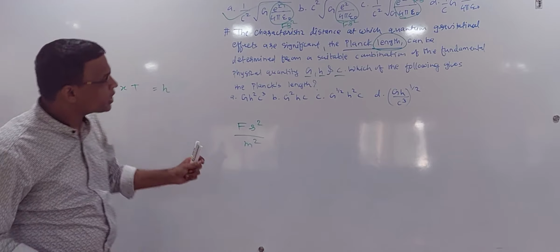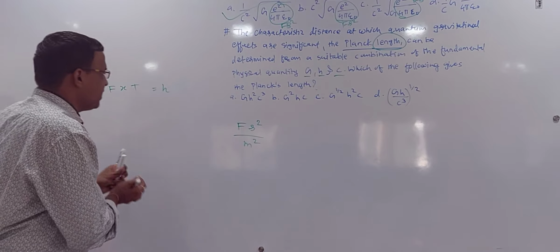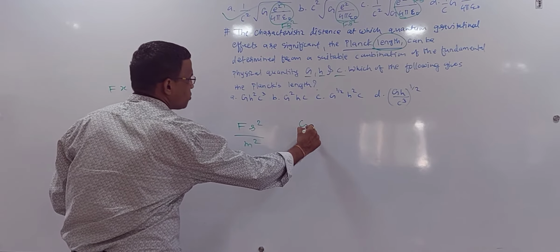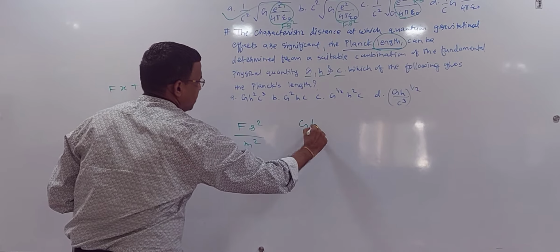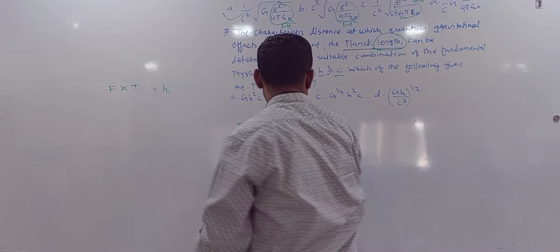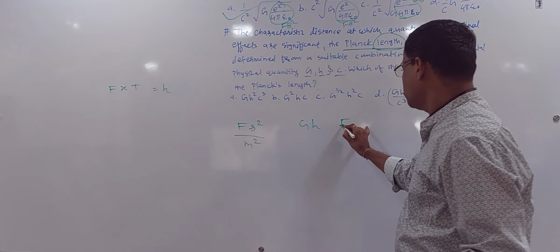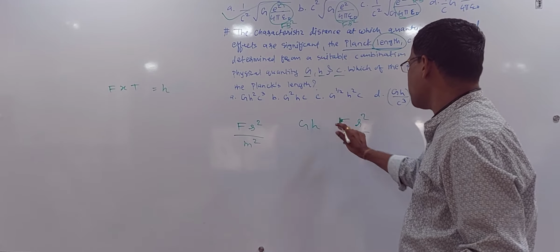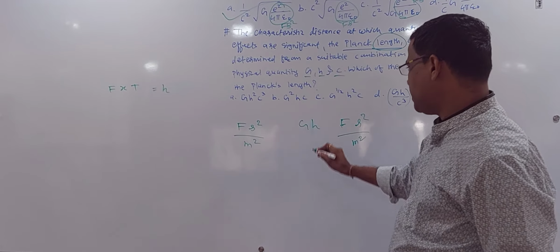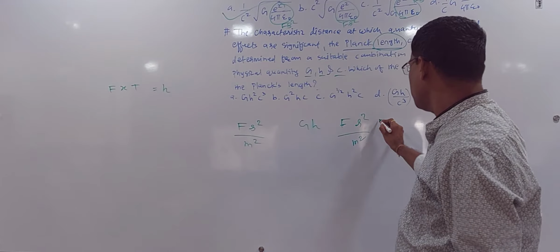So for sure it should be G into H case. Let us try with that. First I am just doing the G into H case. Let us see what wonder we can do. So it is FR square upon M square, that is G, and what is H? Fxt.